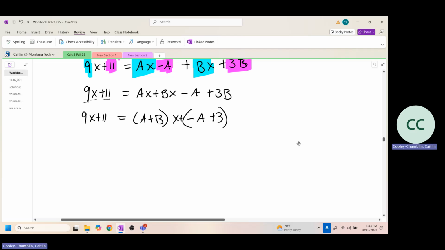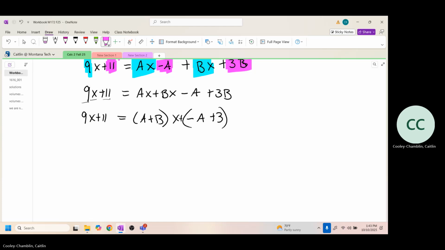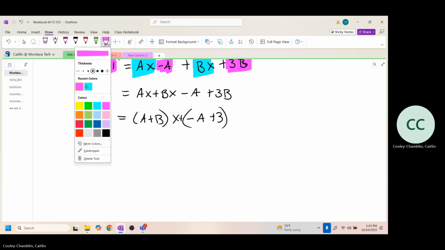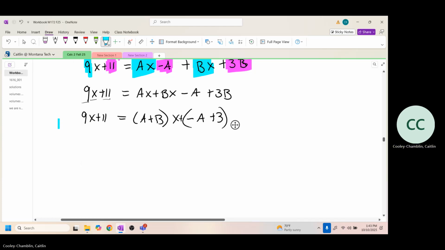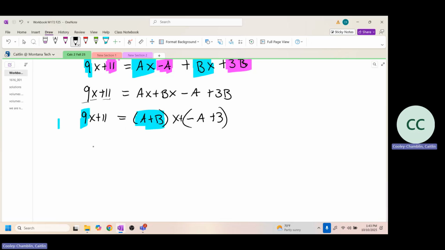And so I get, let me set blue, the number in front of the x, number in front of the x. So I get a plus b equals 9.